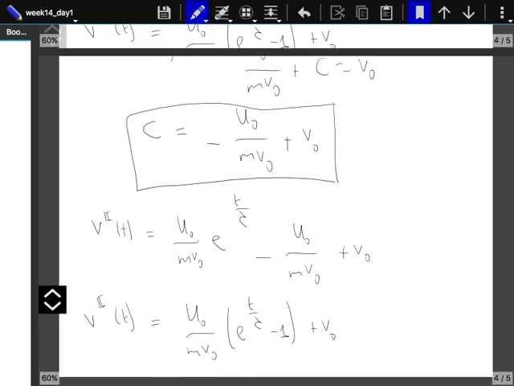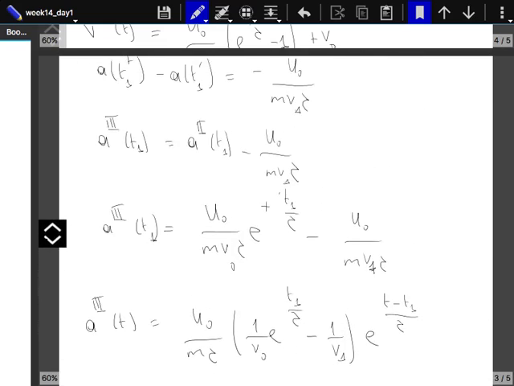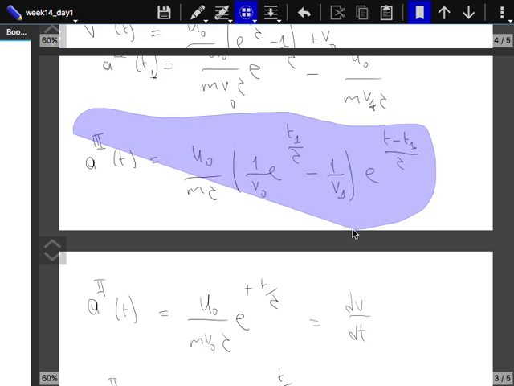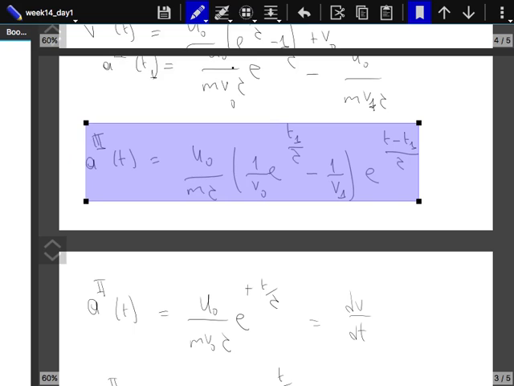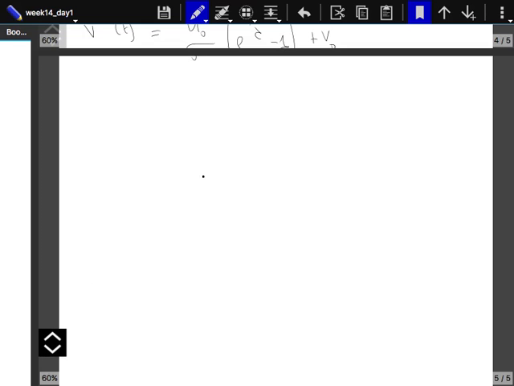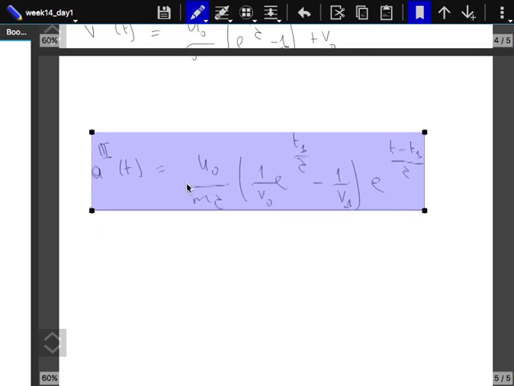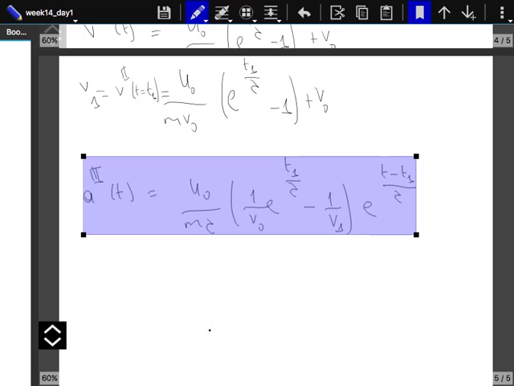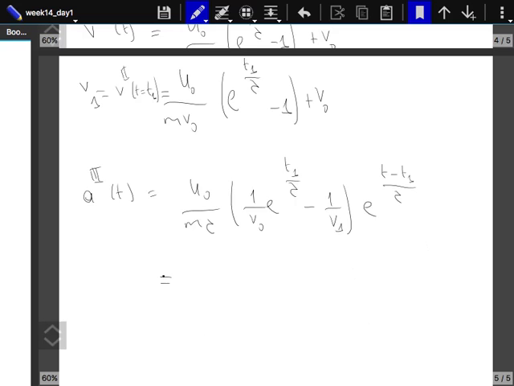Now let's go back. What is the velocity in region 3? Now acceleration in region 3. Was this one. This is equal to u0 over m. Well, just substitute what v1 is.